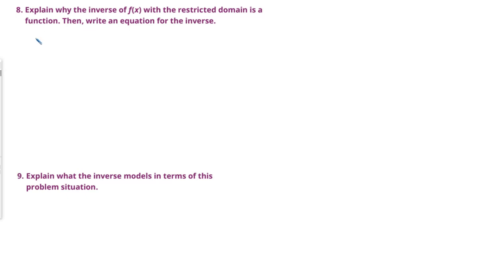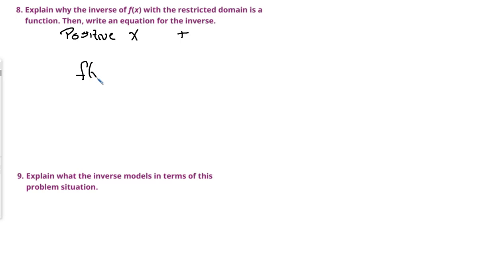And so when we restrict the domain of the first, then the equation is going to create an inverse function. And so we restricted it to the positive x values. And so when we take the square root, we're only going to use that positive sign.